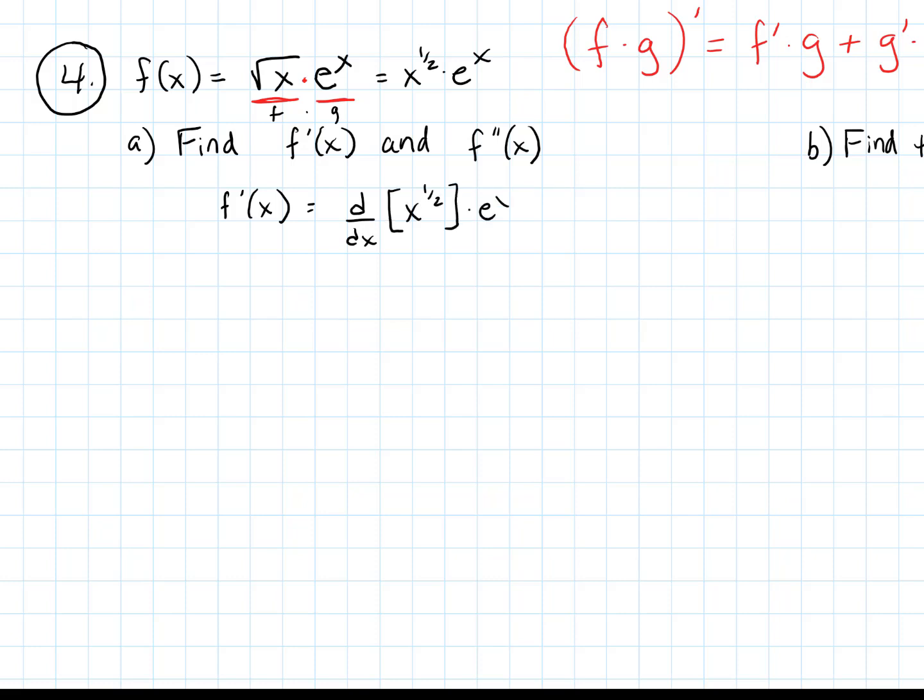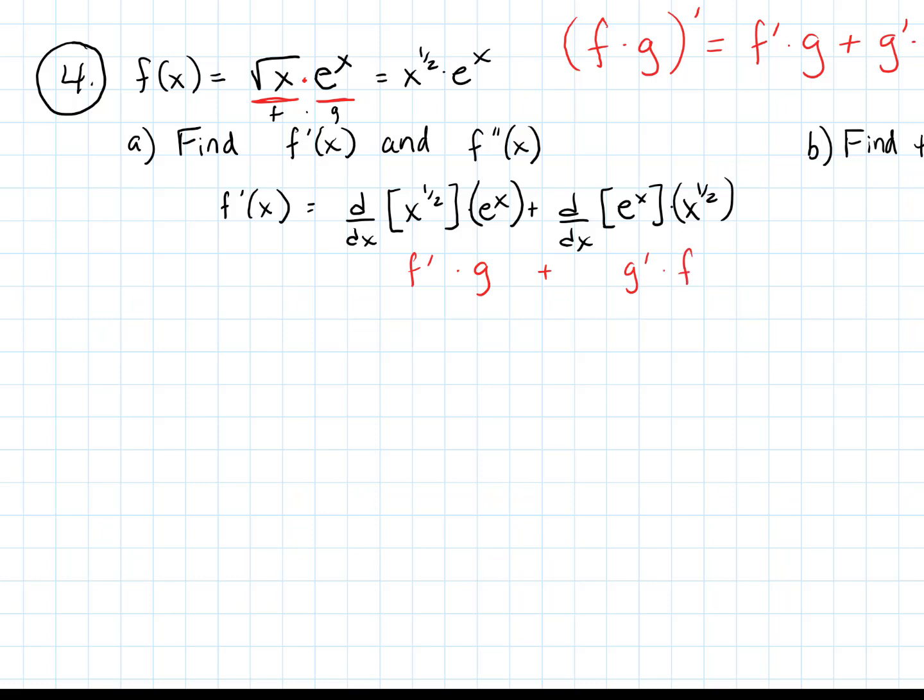So we can apply our power rule. Times e to the x plus the derivative of g, which is e to the x, times f, x to the 1/2. Let's put those in parentheses just to really designate one more time. So here's our f prime times g plus g prime times f.